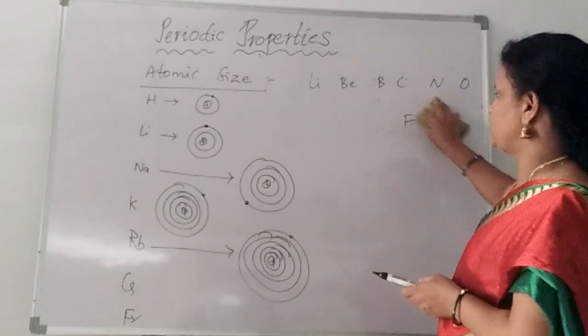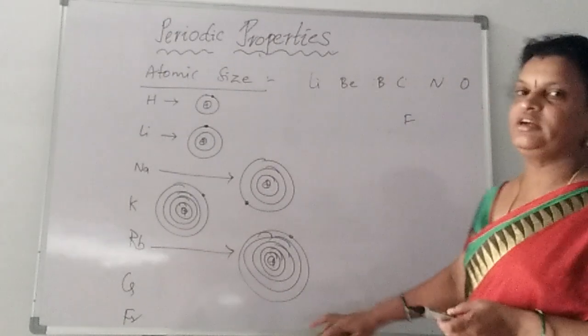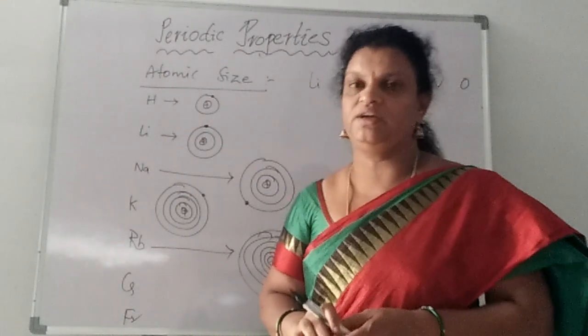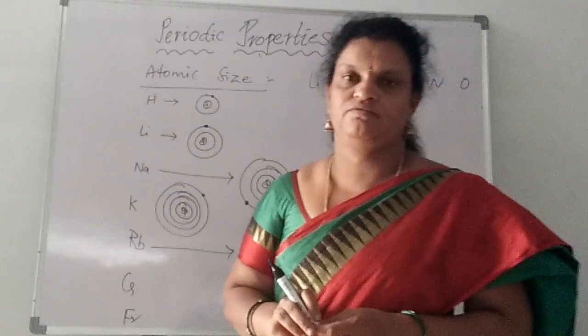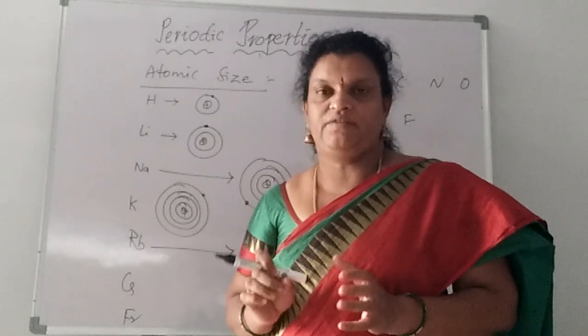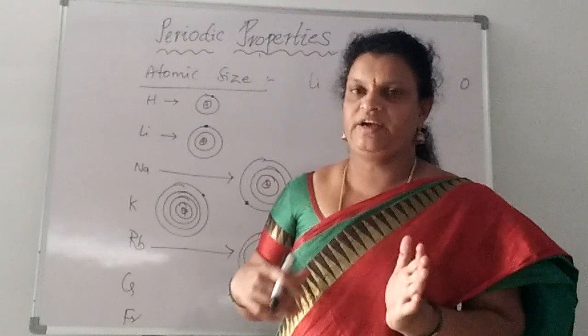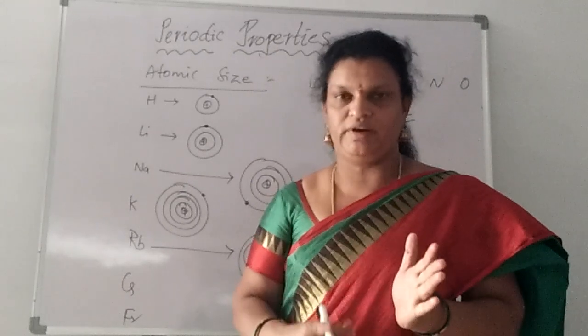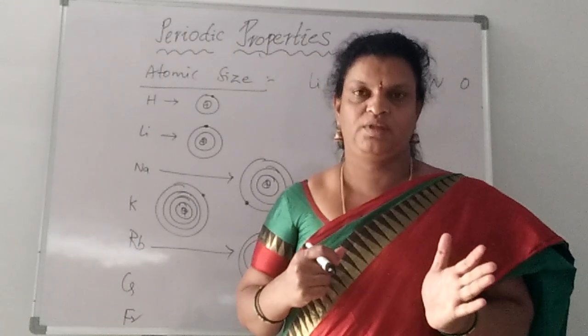Why? Because for the atomic size or atomic radius of the inert gases, we have to take the van der Waals radius. Here we have different types of atomic radius, like metallic radius, covalent radius, van der Waals radius, right?